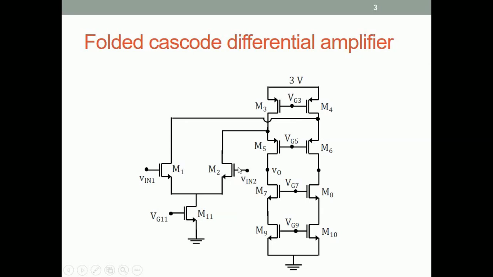Alright, so the common source stage M2, common gate stage M5, and similarly M1 is common source, M6 is common gate, and the output is here, and the loads are cascode loads also.